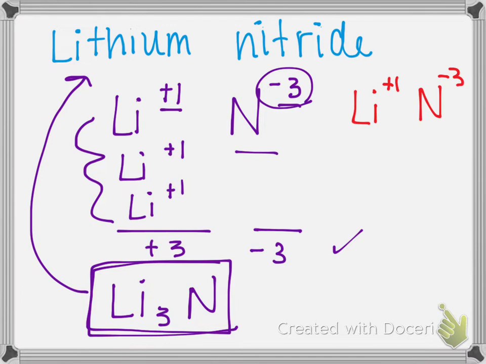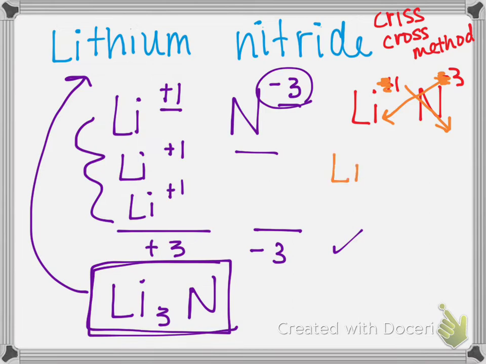Now, this method is called the crisscross method. And this works for all ionic formulas, building any ionic formula. What you do in the crisscross method is you ignore the plus and the minus. So I'm going to get rid of the plus and the minus here. And I'm going to crisscross them from a charge to a subscript. So I'm going to go from the top and bring them to the bottom.